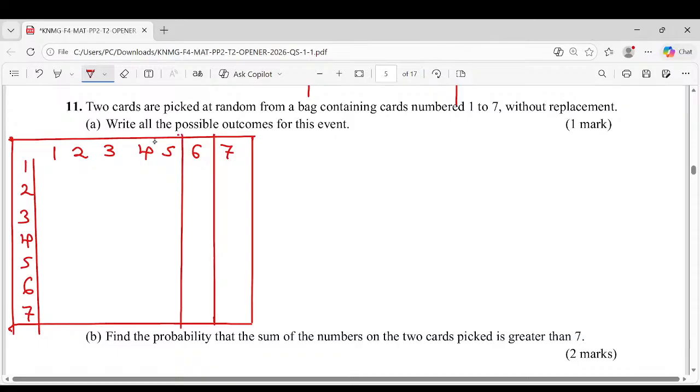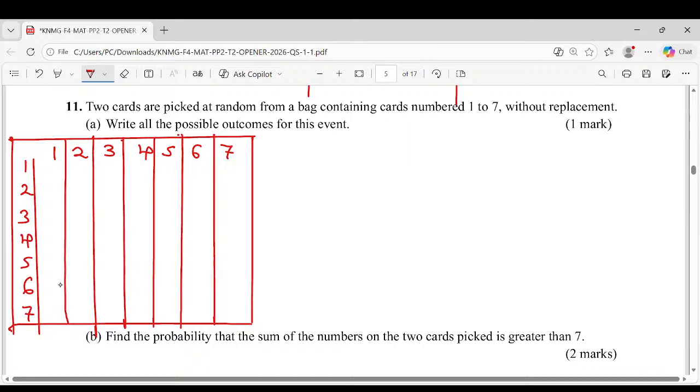So there is a need for you as a learner to do a lot of practice, consult your teachers, and make sure before you go to that KCSE 2026 exam, you are well versed with the probability space.